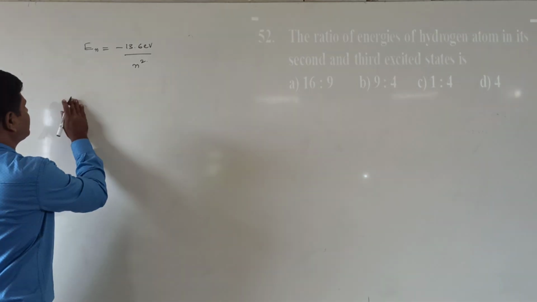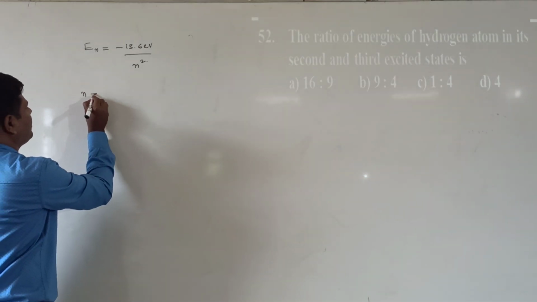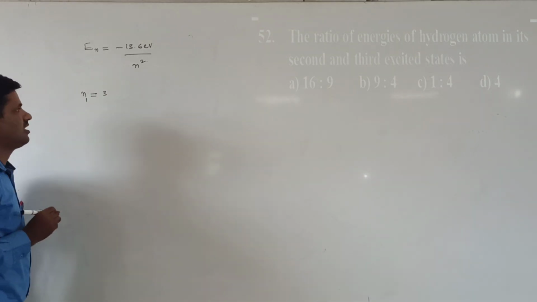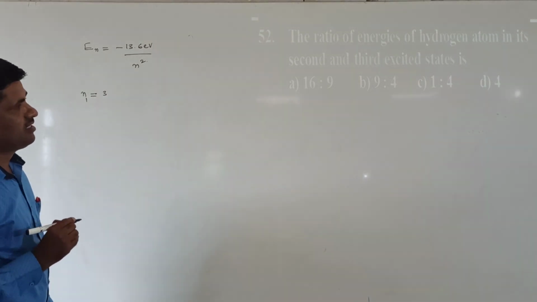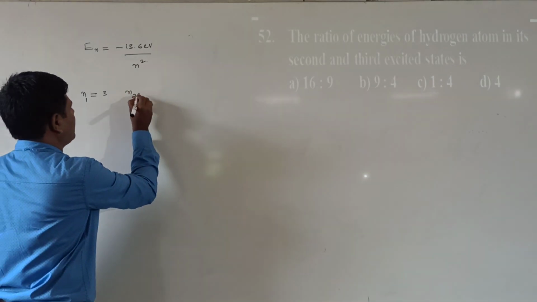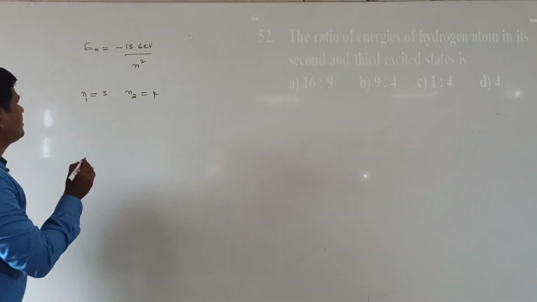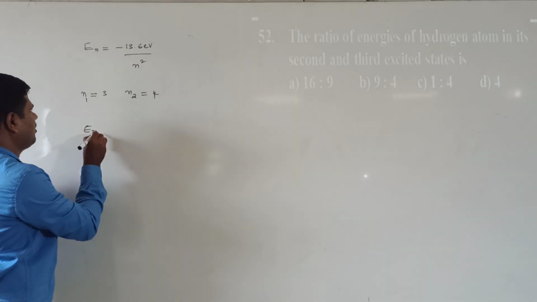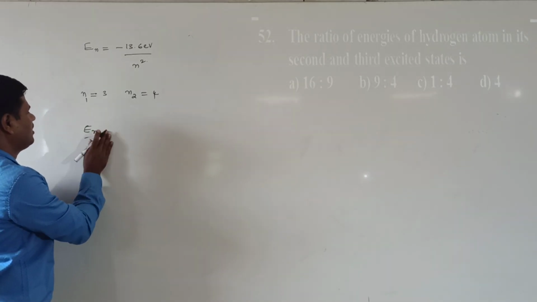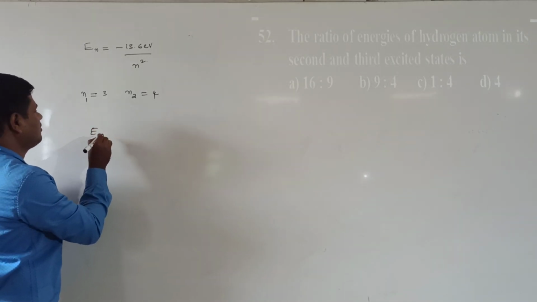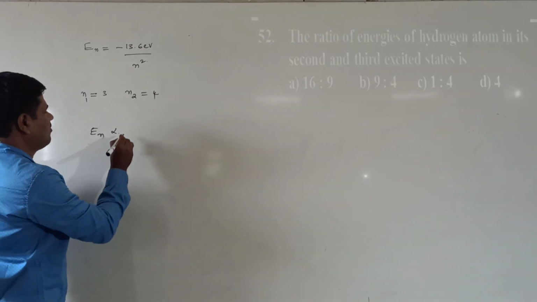Second excited state means n1 is equal to 3. Third excited state means n2 equal to 4. Now from this formula, En is inversely proportional to 1 by n square.